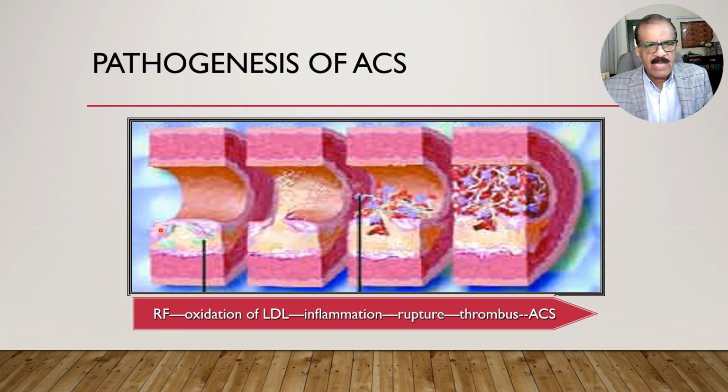So this is the process. At this end, the patient may not have any symptom, and with complete occlusion, the patient may have transmural myocardial infarction, and here the patient may have unstable angina or NSTEMI, non-ST segment elevation myocardial infarction. So early action would mean that you can prevent this blood vessel from getting completely occluded.